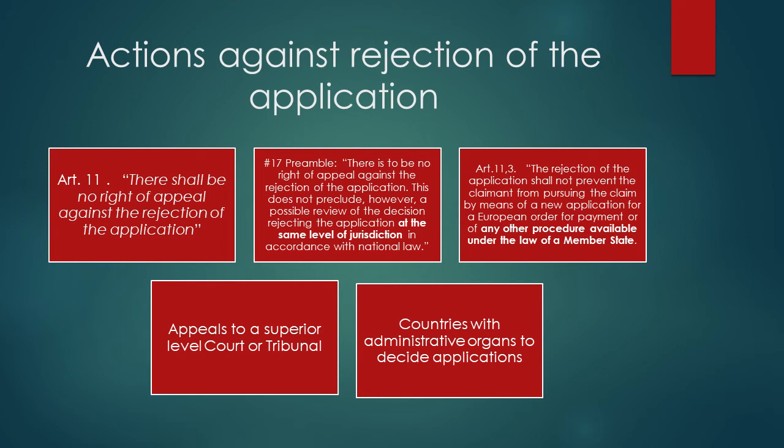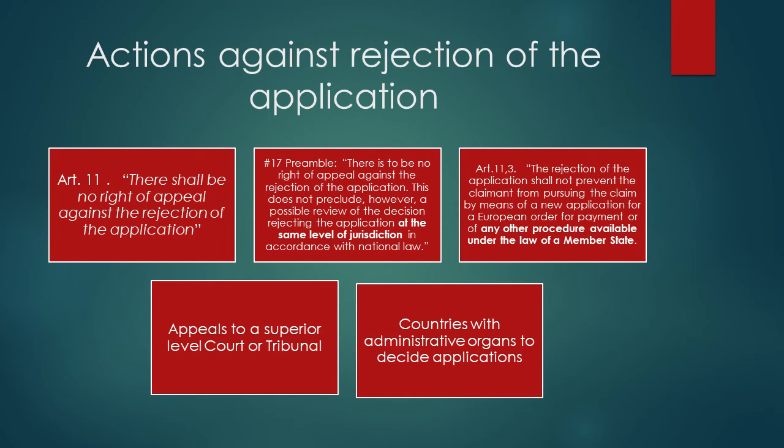Well, it's fine to me, but the preamble says something a bit worrying to me. It says there is to be no right of appeal against the rejection of the application, but this does not preclude, however, a possible review of the decision rejecting the application at the same level of jurisdiction in accordance with national law.